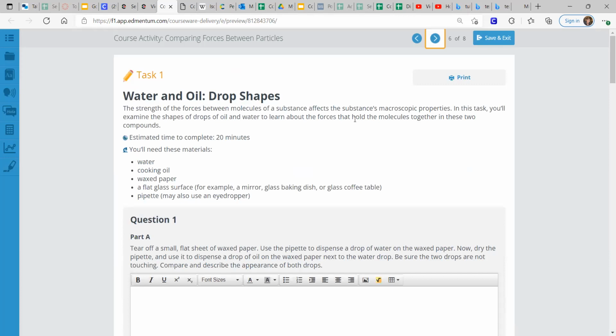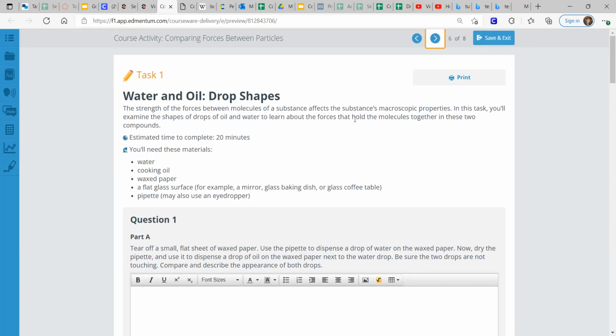So task 1 is looking at the strength of the forces between molecules of a substance and how it affects the substance's macroscopic properties. So what is happening at the very small molecular level is reflected in how it behaves at the large scale where we can see.